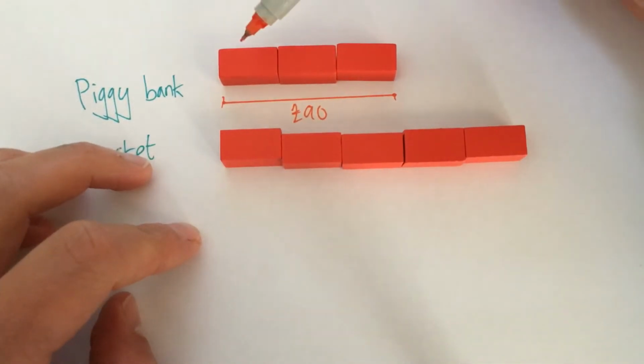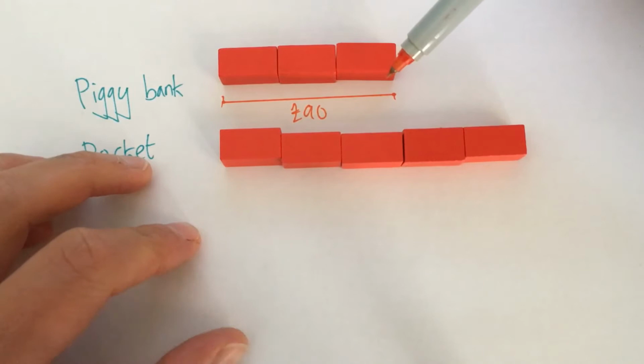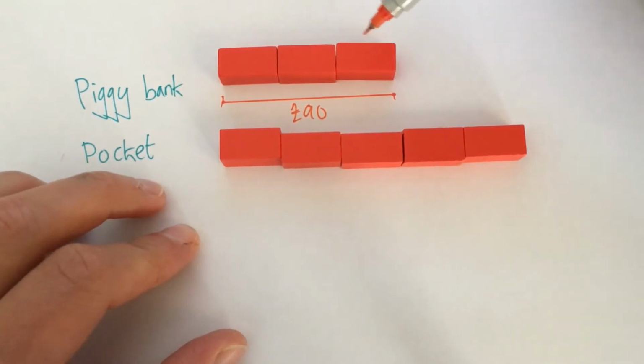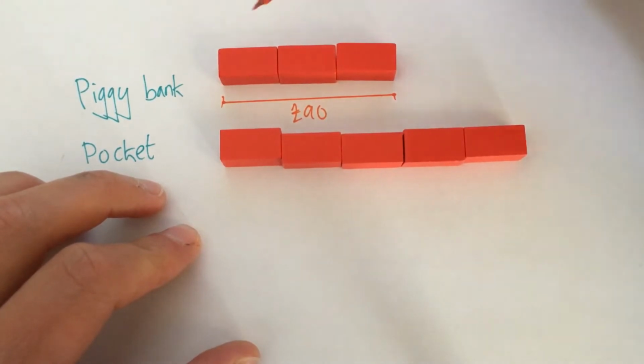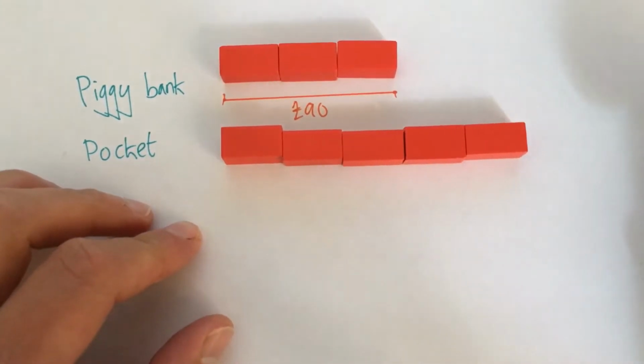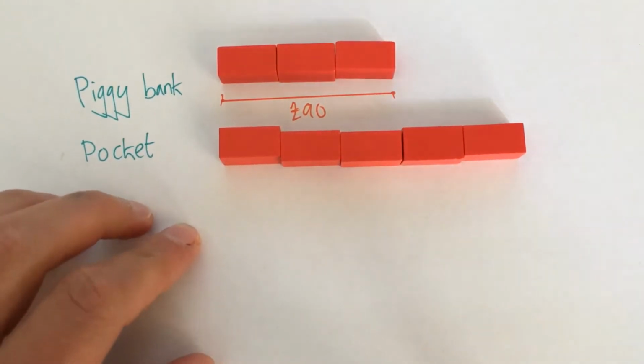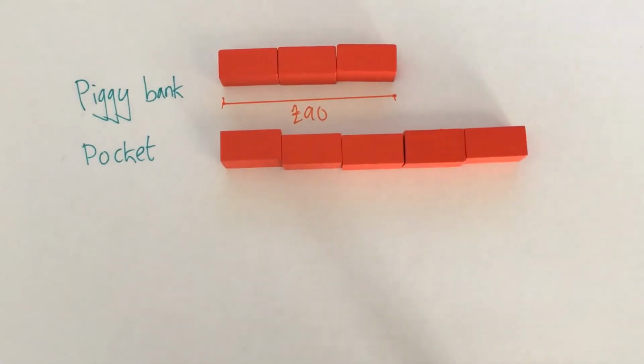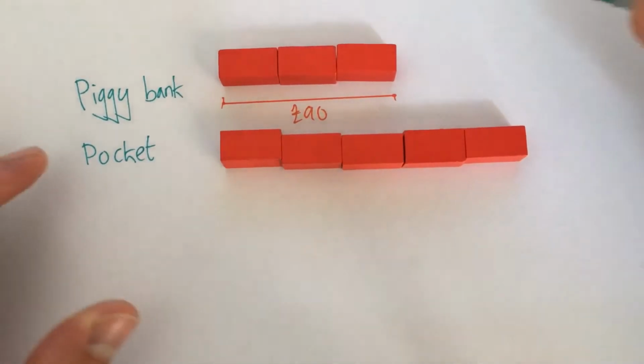So we have these 3 blocks that represent £90. If we find the value of one of these blocks, then we can work out exactly how much money in total Joe received for his birthday. Well, of course, we need to calculate 90 divided by 3.